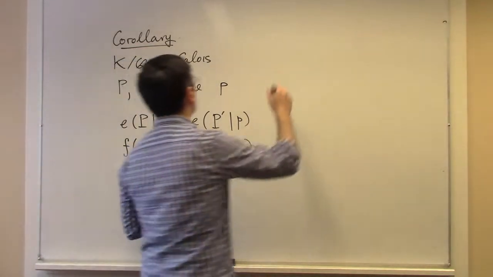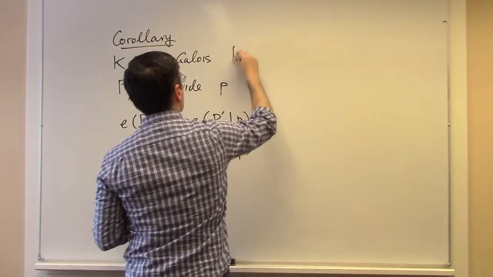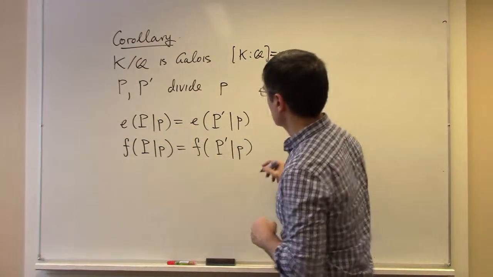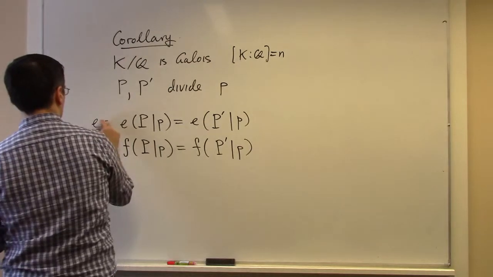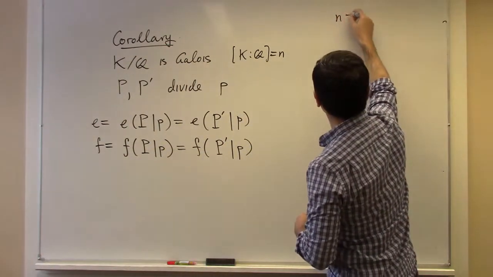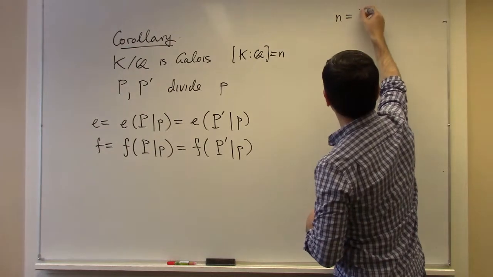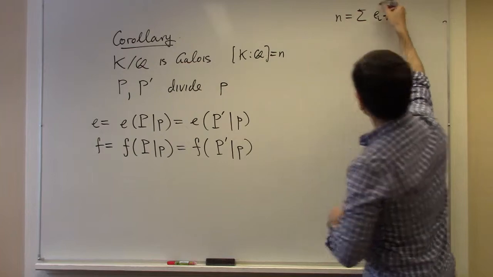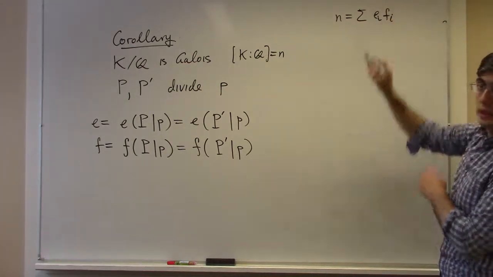Right, what we know, let's suppose this is denoted by E, and this by F. So we know that N is equal to the sum of E_i F_i. So these elements are now all the same.